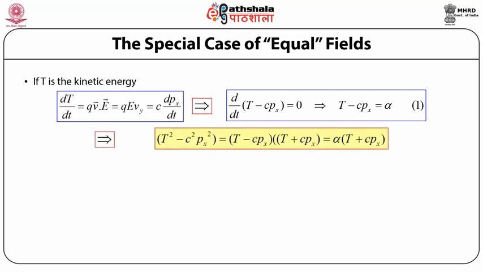So T squared minus c squared px squared equals T minus cpx times T plus cpx, which equals alpha times T plus cpx.